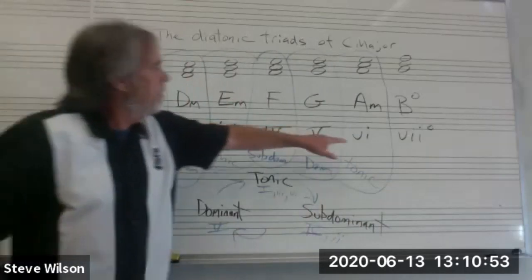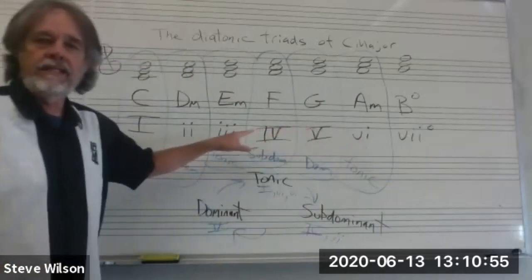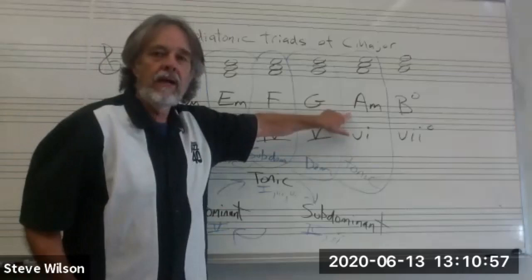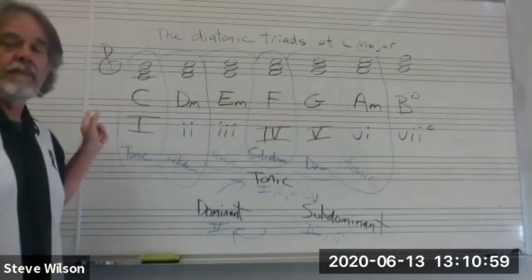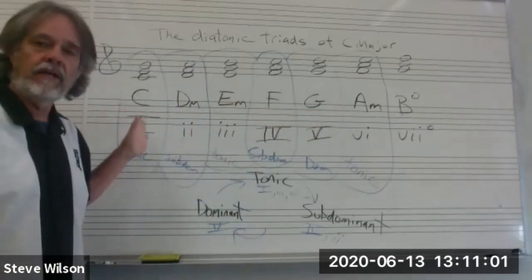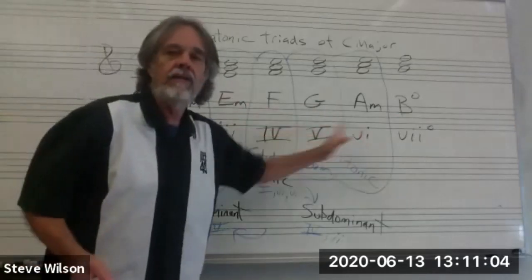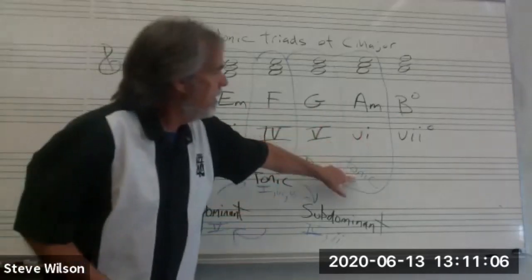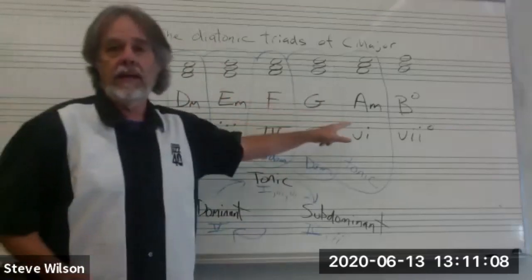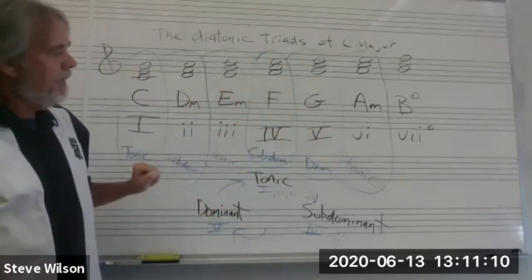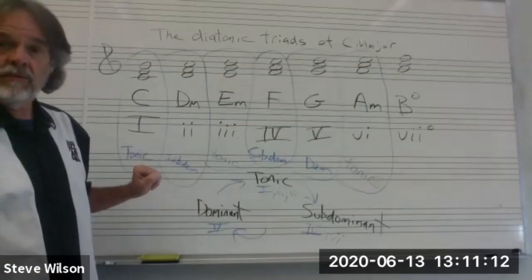The reason it works as a tonic and not as a subdominant is that A minor is the relative minor of C major. For those of you who understand minor keys, and if not, just trust me that A minor and C major are very closely related. So A minor is also a tonic substitute.